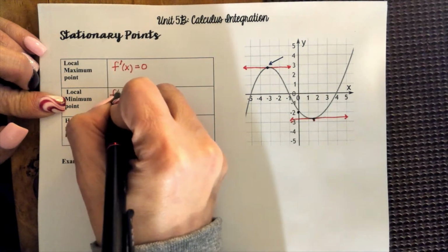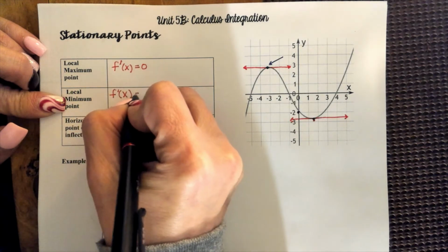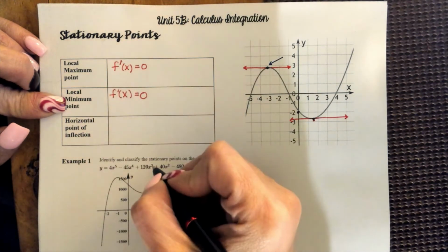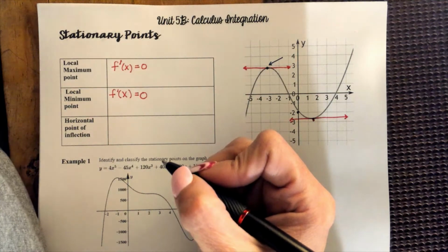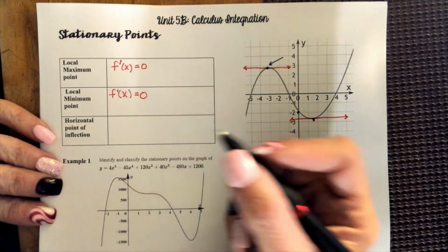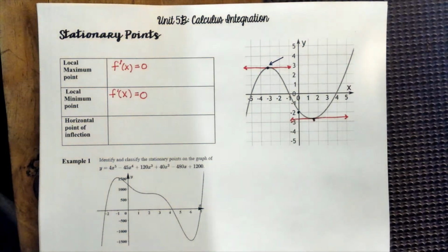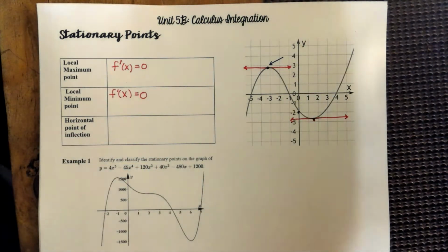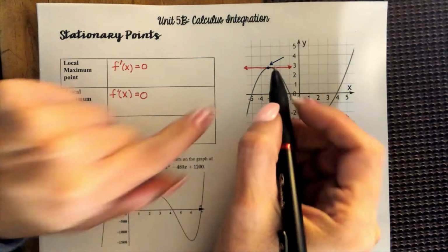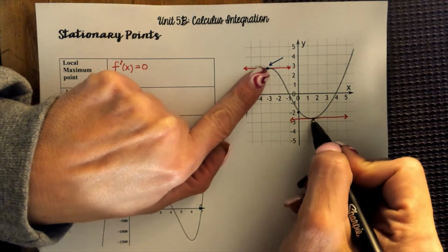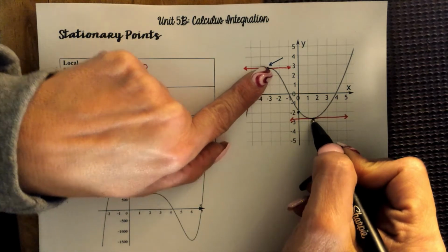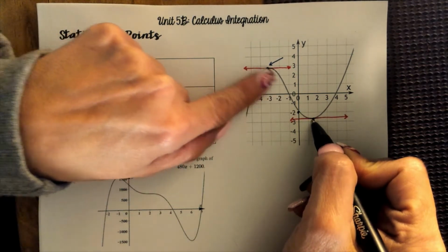So f prime of x would equal 0 again. Now, let's see. A horizontal point, what were the other? Horizontal point of inflection. Okay, let me explain these, and then I'll go back and pick that up. This point right here is an inflection point. This point right here is an inflection point, the actual point where the graph is changing.